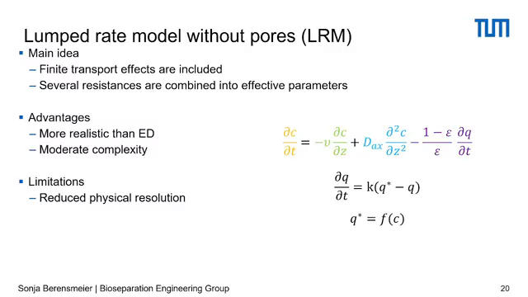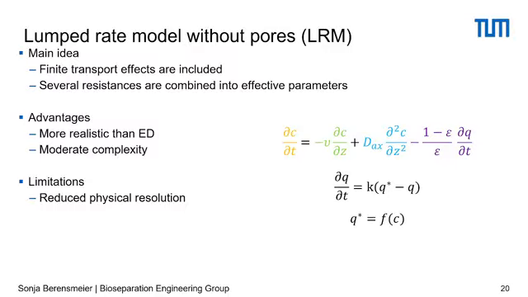However, we want to take into account some transport effects, and these transport effects are combined together into one effective parameter, here being this K. So this is a little bit more realistic than the equilibrium dispersive model because it takes into account that in reality the molecules have to move through this film barrier around the particles. They move around inside the particles and it takes some time for the adsorption to happen.